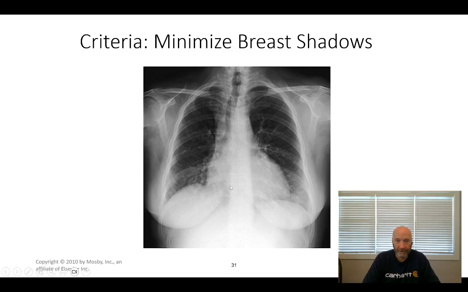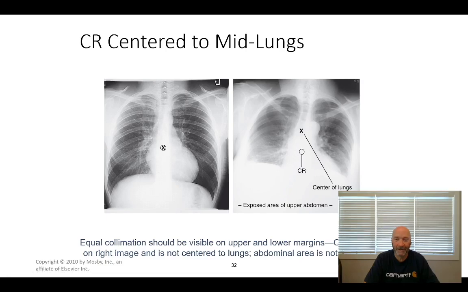According to the textbooks, if the patient has very large breasts, these aren't exceptionally large, then you should get them out of the way so that they don't cast a shadow over the lower part of the lungs. So file that away. Large pendulous breasts need to be removed for a PA chest x-ray. Whether or not you ask a patient to move their breasts out of the way is entirely up to you.